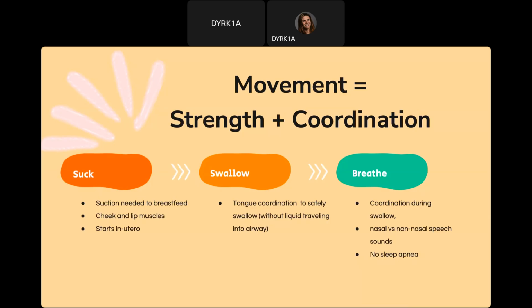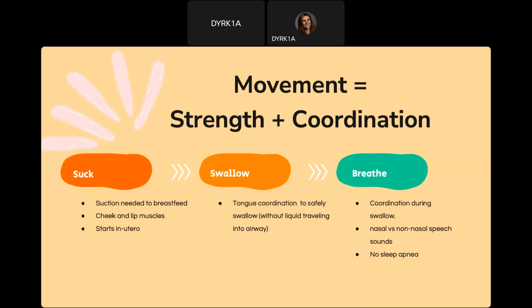I need the strength to do that, but I also need the coordination. And I may have one or the other, but I'm not going to be able to execute that movement unless I have both the strength and the coordination to do so. So in any kind of conversation about the function of the tongue for eating or speaking or breathing, do we have enough strength? Do we have enough coordination?